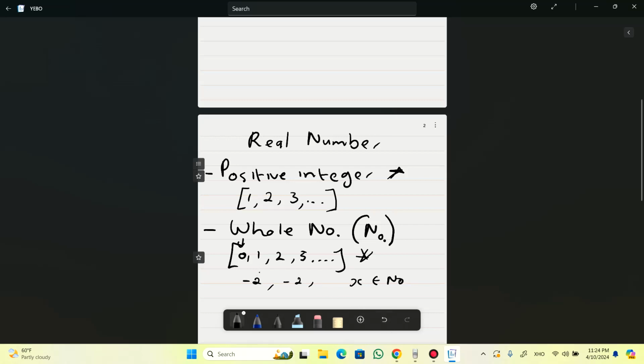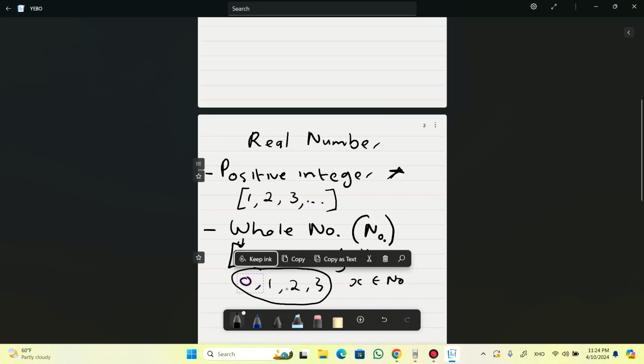So meaning we're going to exclude the negative values here, and hence we're going to start from 0, 1, 2, 3 and so on and so forth, right? So make sure that you understand what a whole number is.